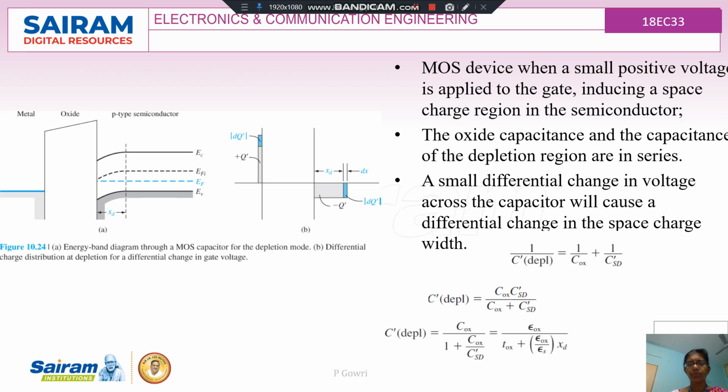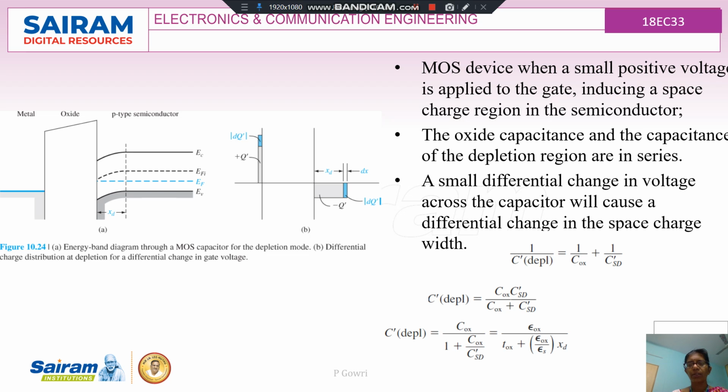Coming to the next one, when a slightly positive voltage is applied to the gate, a space charge region is induced in the capacitor. So a space charge region will be formed, and the energy band diagram is such that the band structure will be bending downwards slightly. Here the oxide capacitance and the capacitance of the depletion region both will be occurring in series. A small differential change in the voltage across the capacitor will cause a differential change in the space charge width.